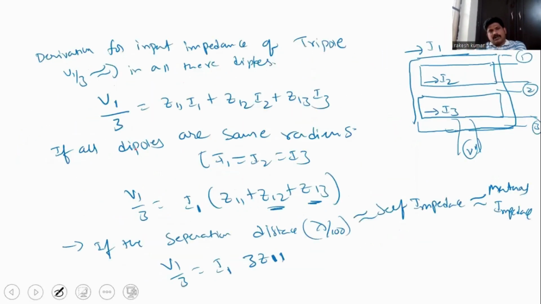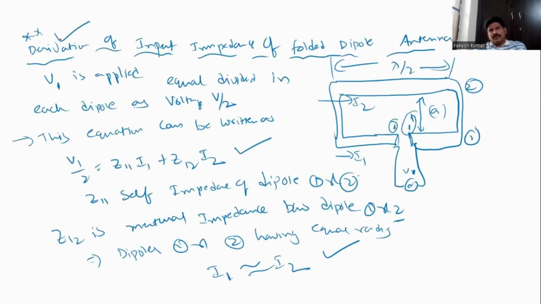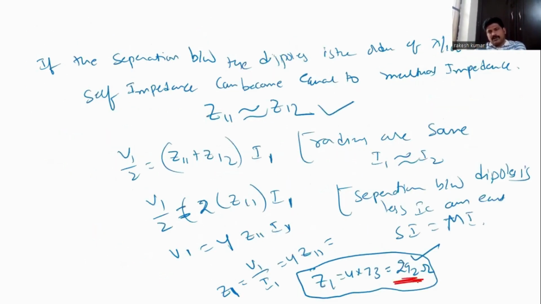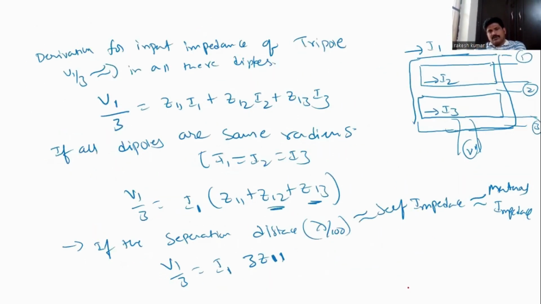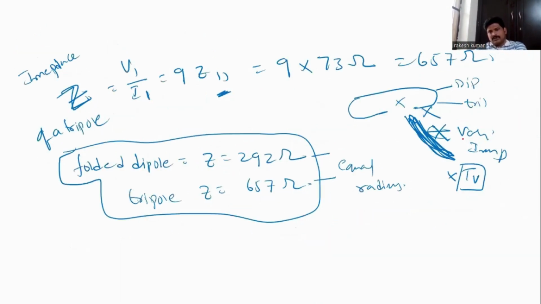So in the folded dipole antenna, the derivation of the input impedance of the folded dipole is very important. For the folded dipole it is 292 ohms, and similarly the next one is the derivation for the tripole. Tripole means we have three dipoles, and it is 657 ohms.